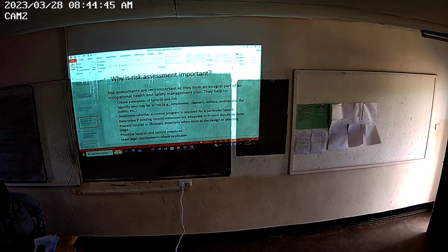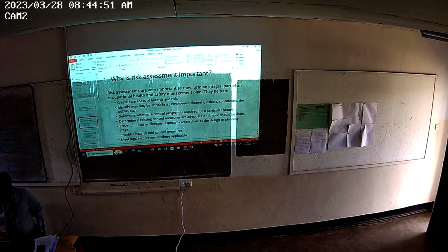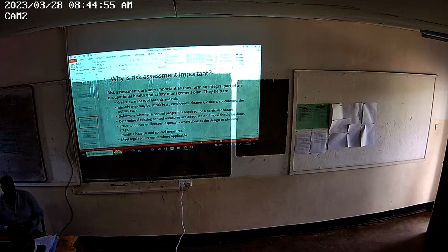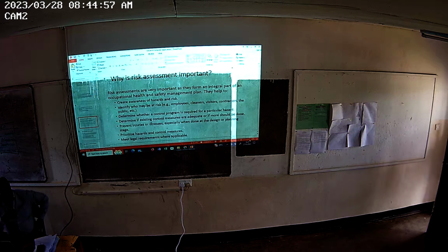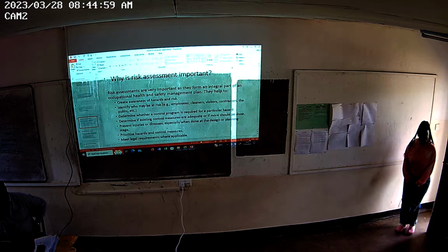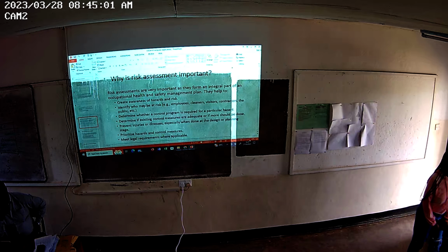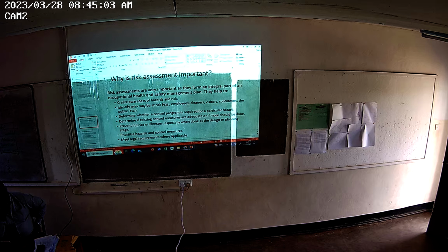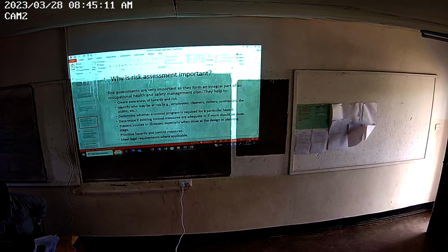Academics, can you discuss all the risks? So the heads of those departments will meet, brainstorm, and present whatever findings they have found. So it creates awareness of the hazards and risks associated with whatever environment you are working in.